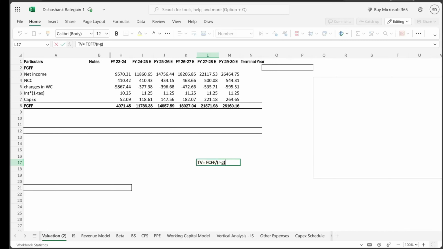So let's derive the terminal value. This number divided by, let's take a normal rate of 11 minus growth, which will be the long-term GDP growth of 6%. So there is some mistake.